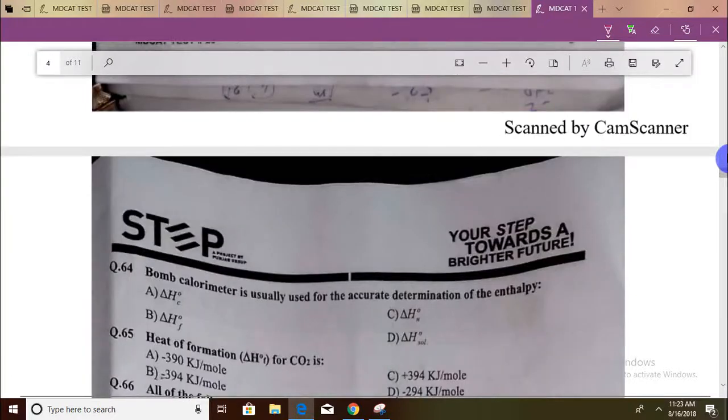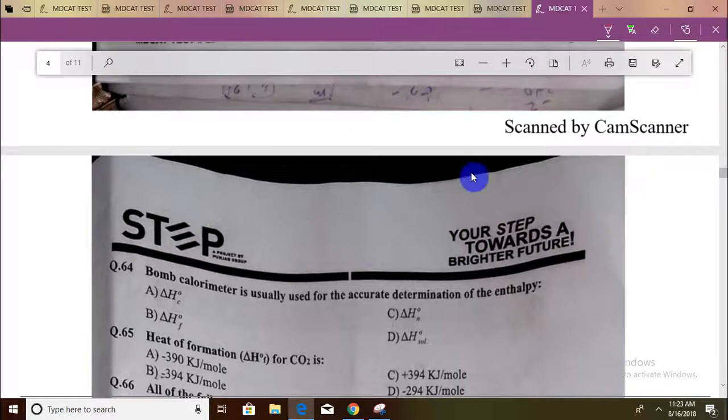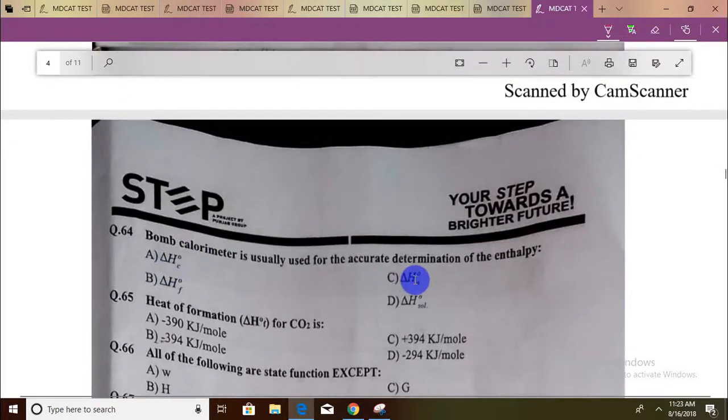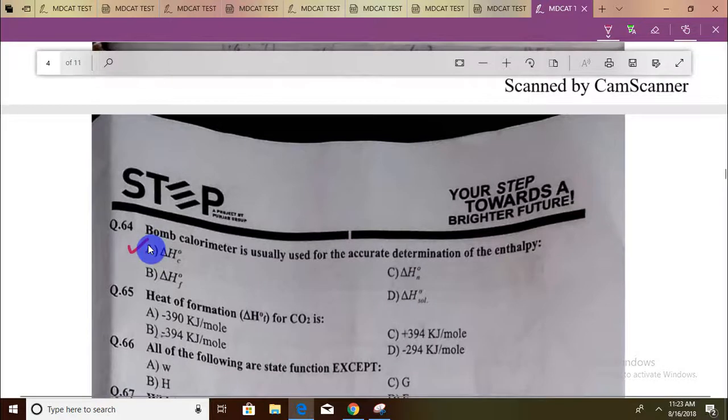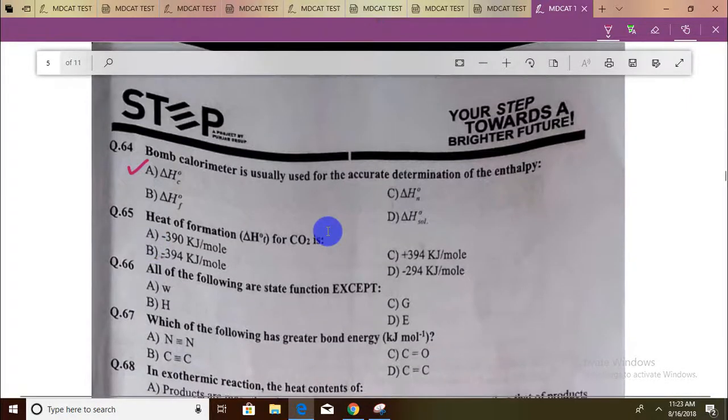A bomb calorimeter is usually used for the accurate determination of the enthalpy of combustion, formation, neutralization, solution. The answer is combustion, and this is actually written in the book. So let's proceed. So the heat of formation for CO2 is, so the formation energies are written in the book in a lot of places, but if you don't remember, let's look at it.